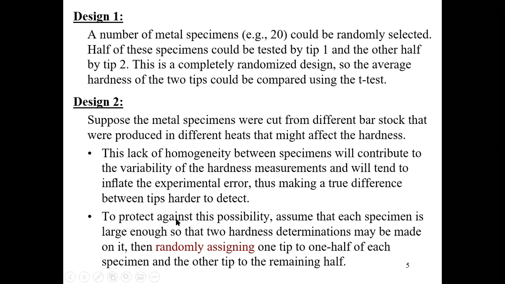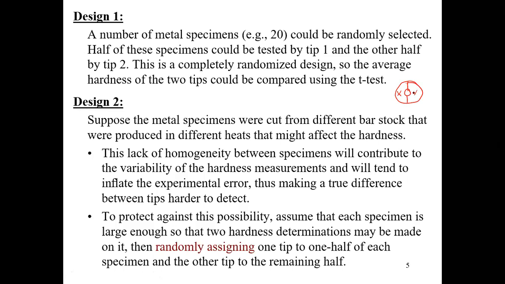To protect against this possibility, assume that each specimen is large enough so that two hardness determinations may be made on it. So each specimen will be divided into two parts. The first part will be used to test the first tip.